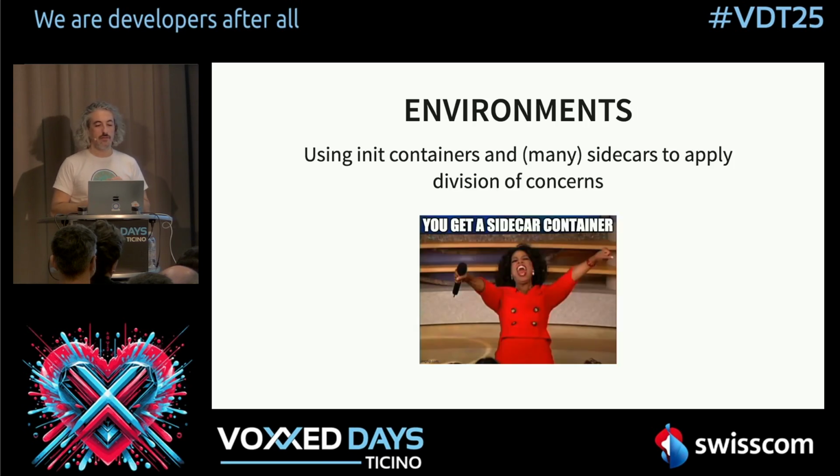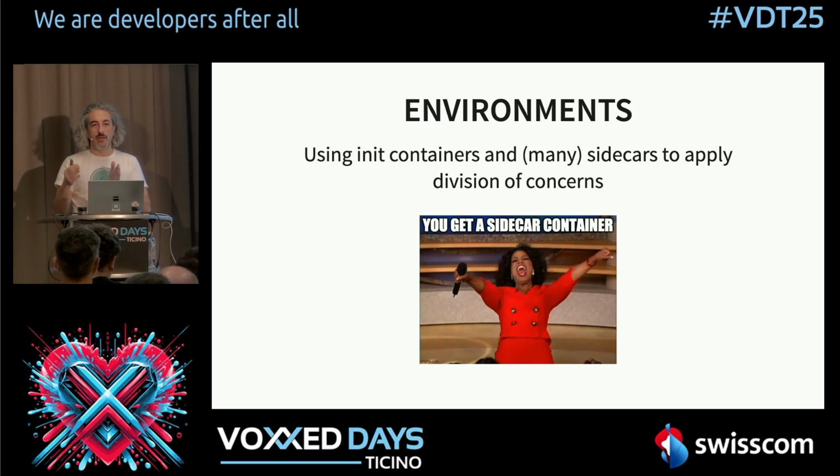We use extensively init containers and sidecar containers to do separation of concerns. This is another pattern from Kubernetes that is very easy to follow when you are migrating into Kubernetes. So your application is one container. You want to add things like logging or security.